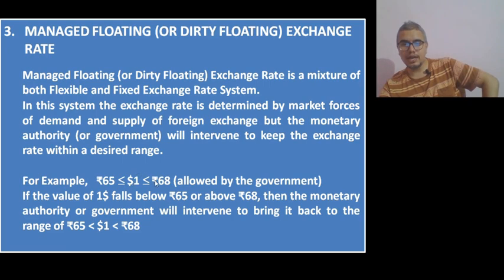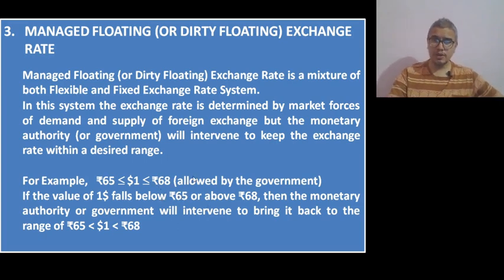On the other hand, if the government sees that the exchange rate is going beyond rupees 68, that is, if let's say the exchange rate happens to be rupees 69 per dollar, then the government will see that it has exceeded this range, so it will bring the exchange rate back to this range. That is, let's say $1 equals rupee 68 or $1 equals rupee 67.